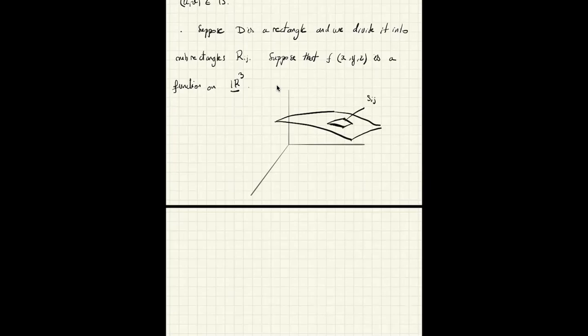Now we are in R3. So here what we will do is we take the point here, which is the point Pij star.